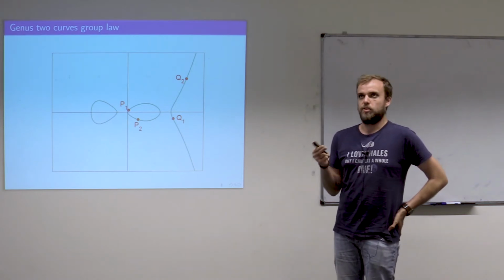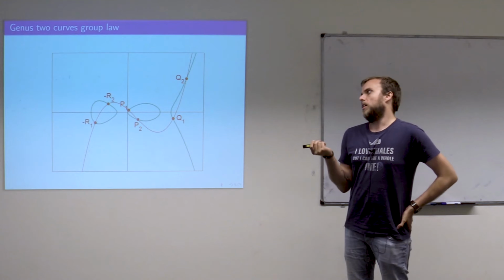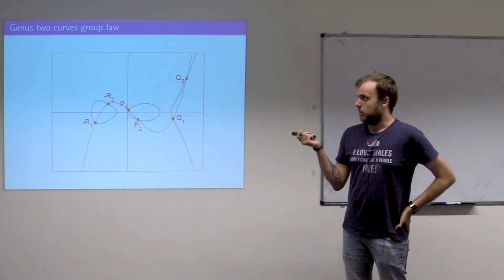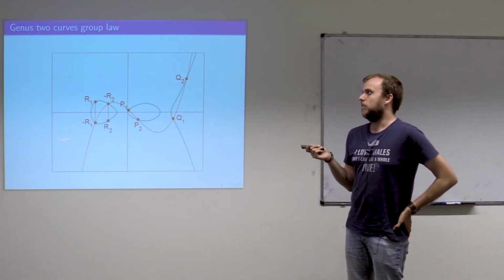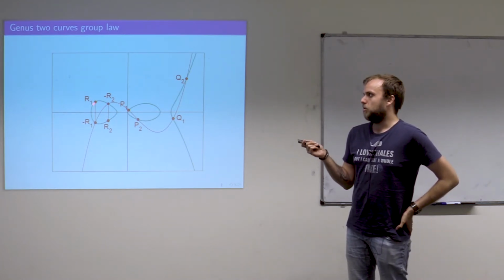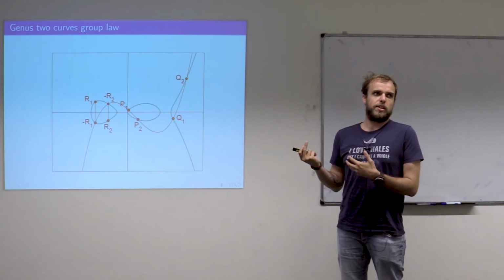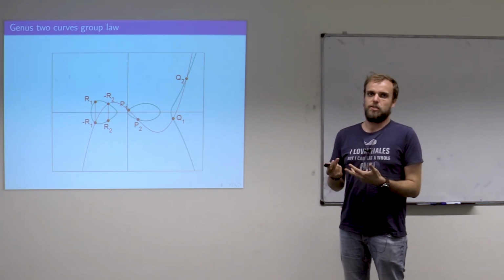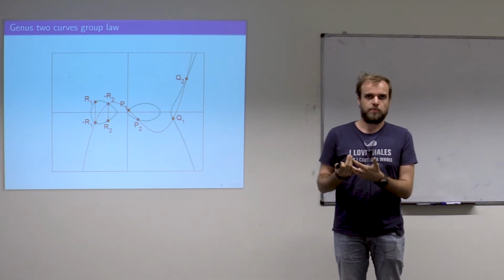So instead of 2 points defining a line, 4 elements define a cubic. Magically, we have 2 intersection points again. Flip them about the x-axis. And the sum of P1, P2 with Q1, Q2 is R1, R2. This is the general construction of a Jacobian in the genus 2 case. You can go to higher genus, etc. as well. We don't need the formal definition, just know that there is a group law.